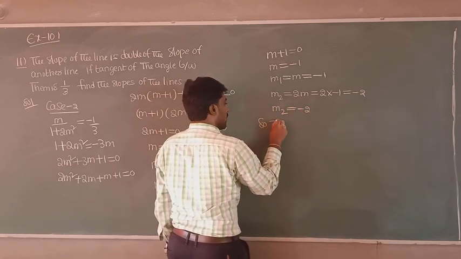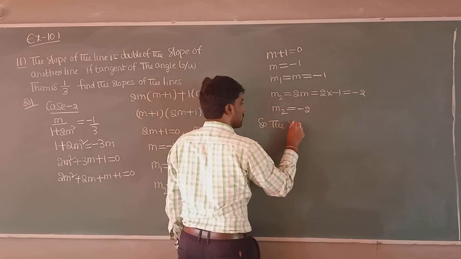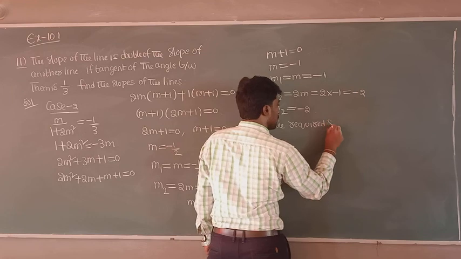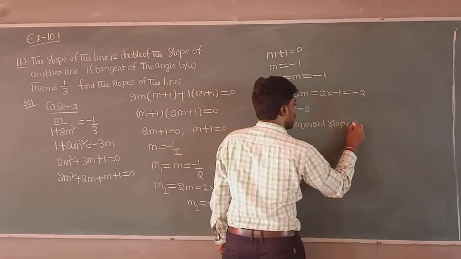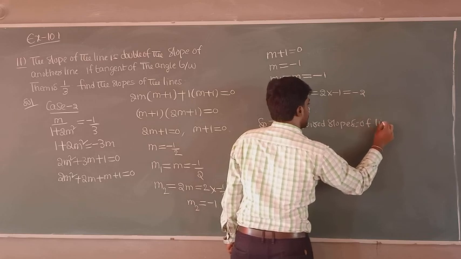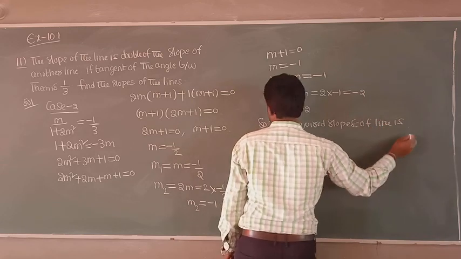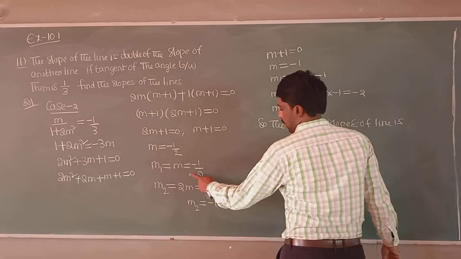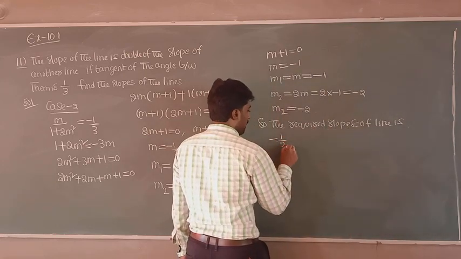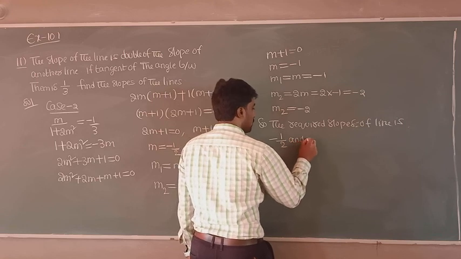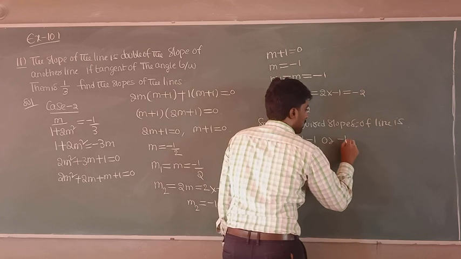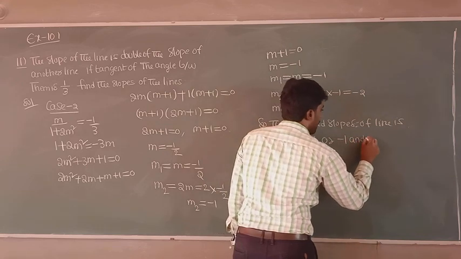So the required slopes of the lines: first of all, one set here, I am getting minus 1 by 2 and minus 1, or the next set is minus 1 and minus 2.